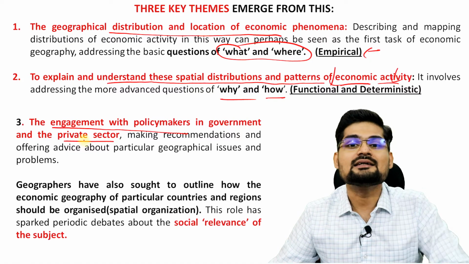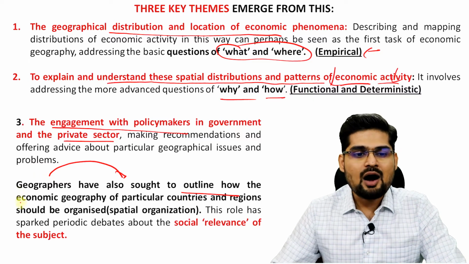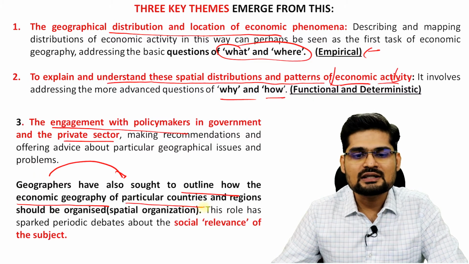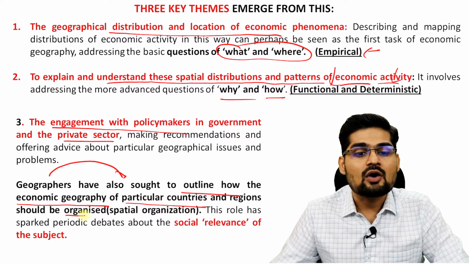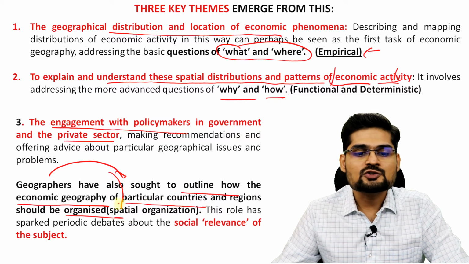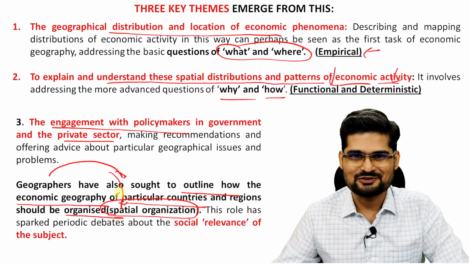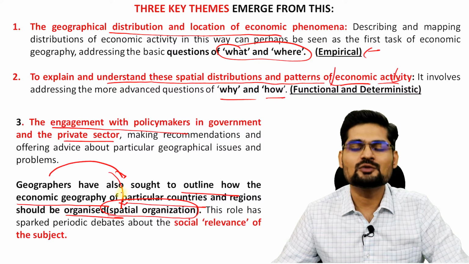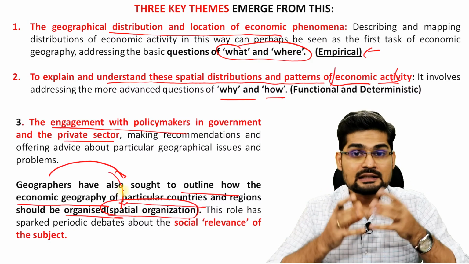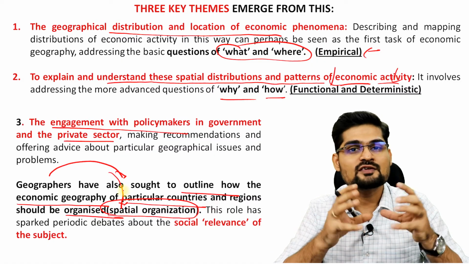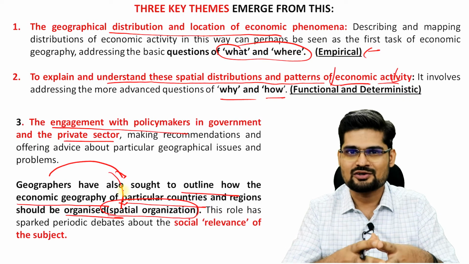So geographers have also sought to outline how the economic geography of a particular country or region should be organized, that is, how it should be spatially organized under spatial organization work. In perspectives on human geography, we talked about spatial analysis and spatial organization. This is essentially part of human geography where economic geography is concerned. This is the third major theme in economic geography.